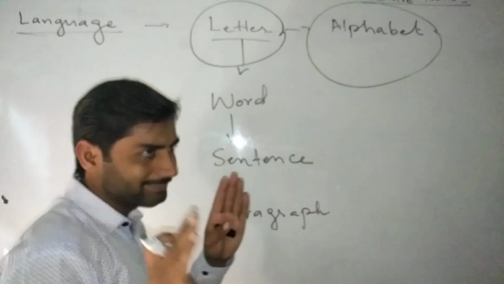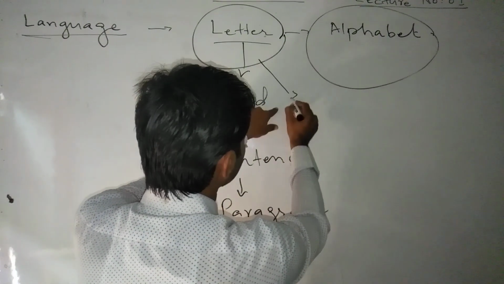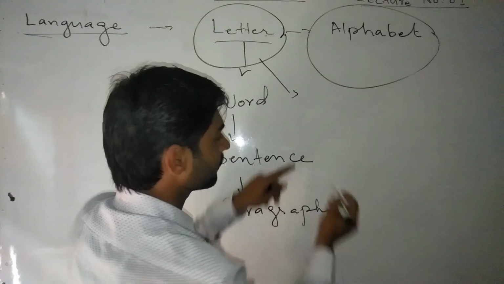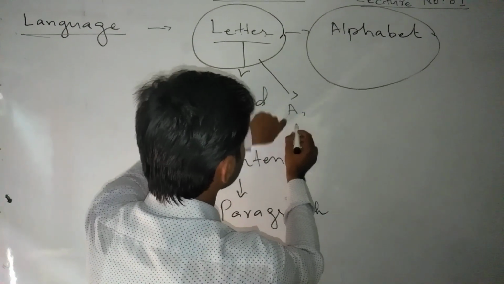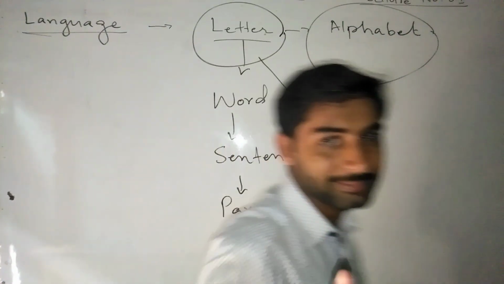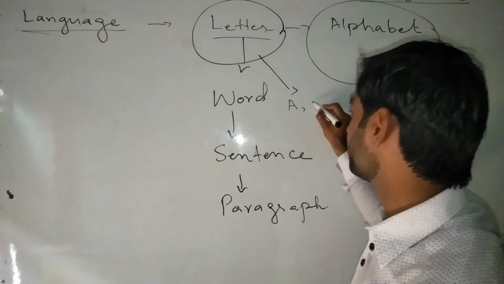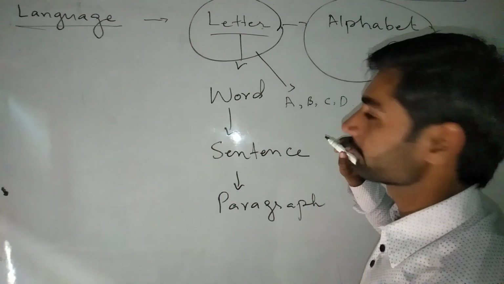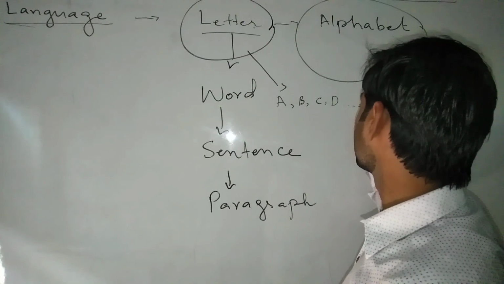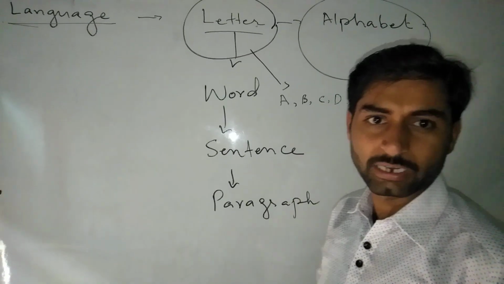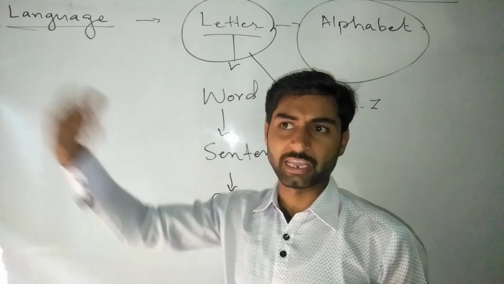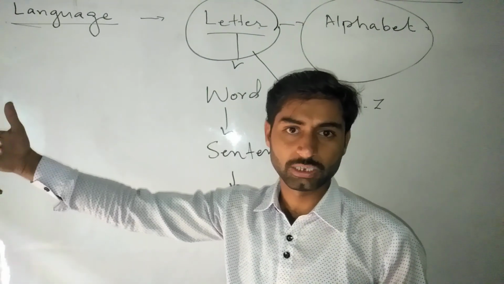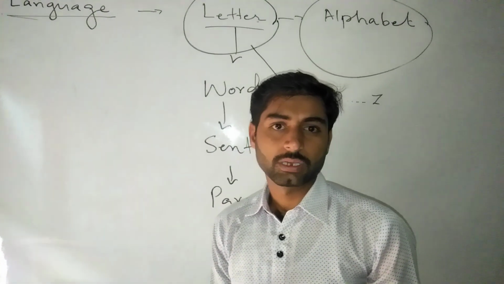What is a letter? A letter is a symbol of any alphabet. For example, A is a letter. B is a letter. C is a letter. D is a letter. Z is a letter. If we call them individually, A, B, C, D, they will be letters.